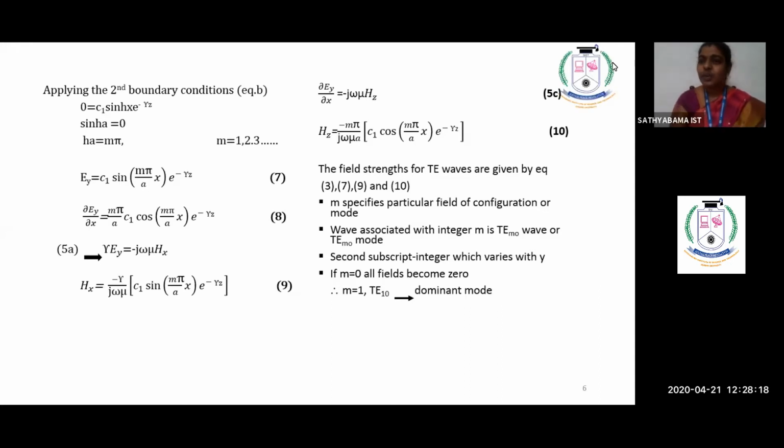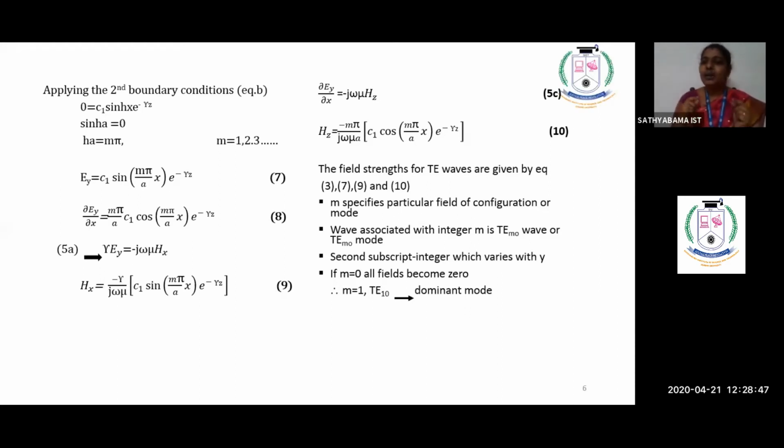Why is it called the dominant mode? The mode which has the highest wavelength and lowest cutoff frequency. Why am I telling the highest wavelength? Because as the frequency goes on increasing at ultra high frequency, wavelength is very less, shorter. So here TE10, experimentally it was found that it gives you the highest wavelength.